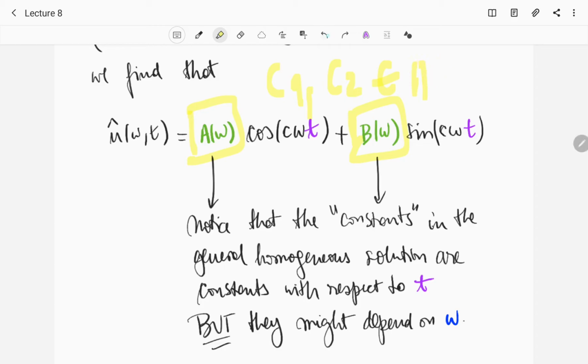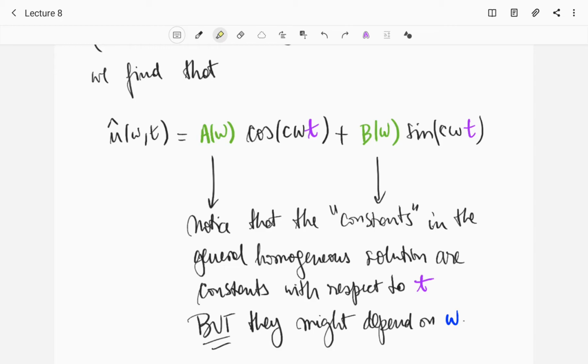But now we need to remember that these are constants with respect to t, but they might depend on the variable omega, because omega here in the whole problem is a variable, but here in this particular ODE, the variable is t. But these constants can depend and might depend on this other variable omega.